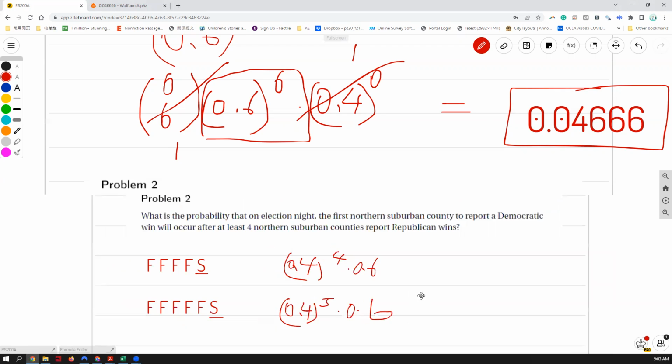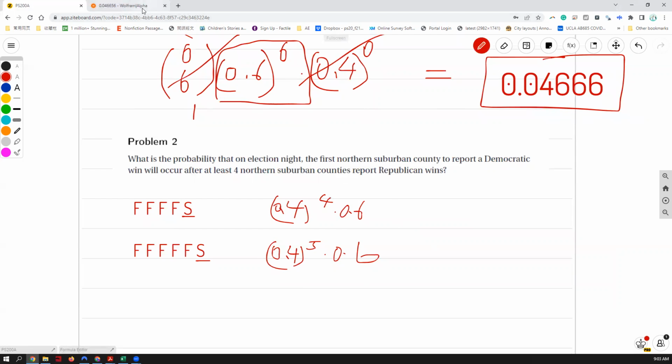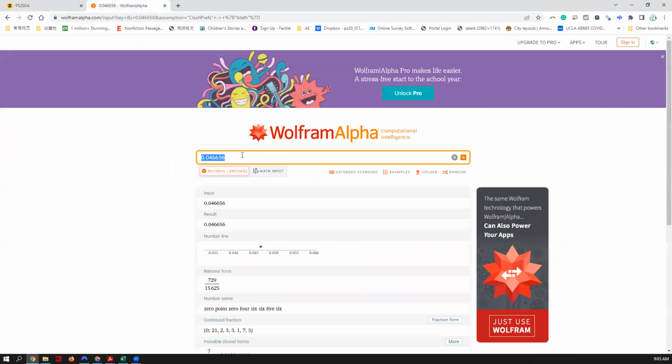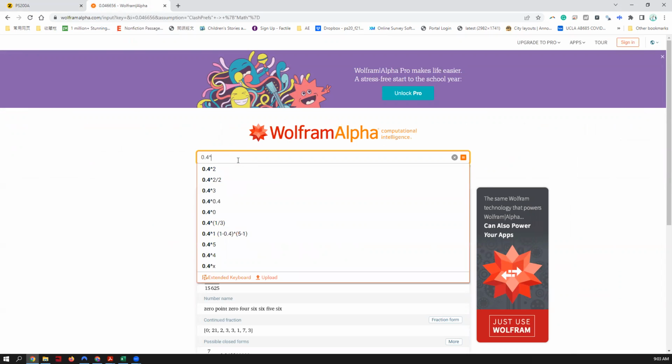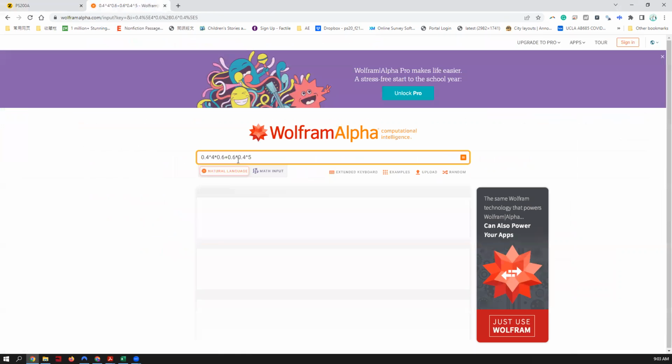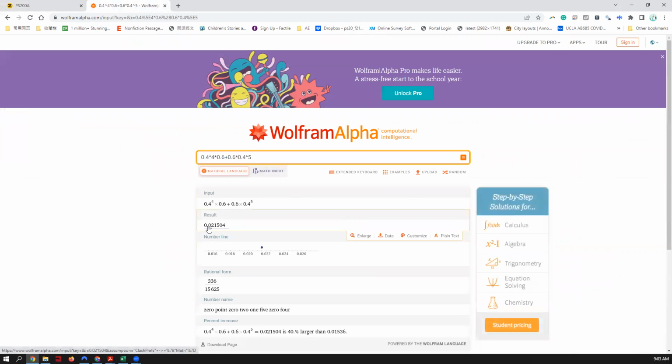So therefore, that's what we have, and essentially we just need to add them up. So let's add them up. That will be essentially 0.4 to the 4th times 0.6 plus 0.6 times 0.4 to the 5th power. And that's our result.